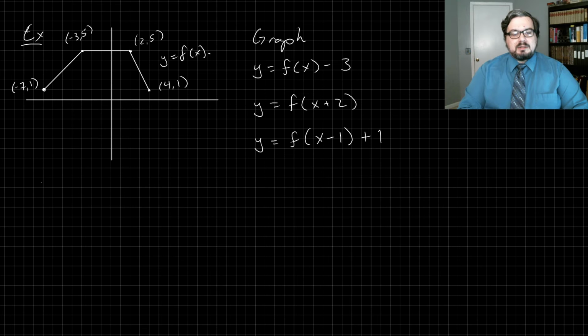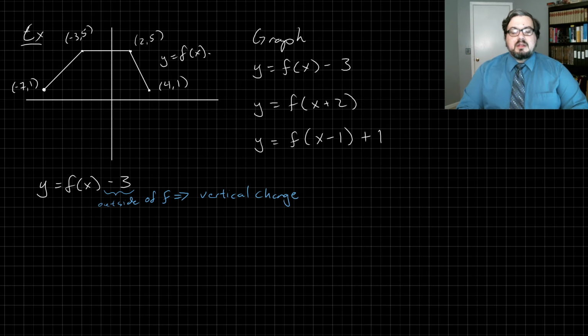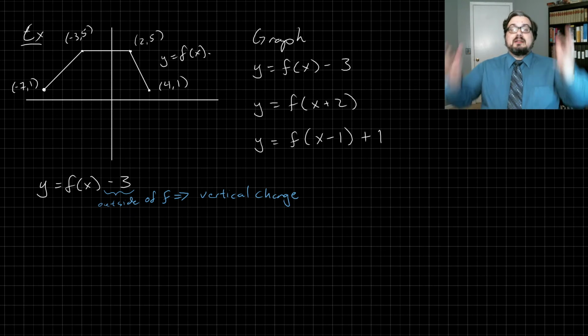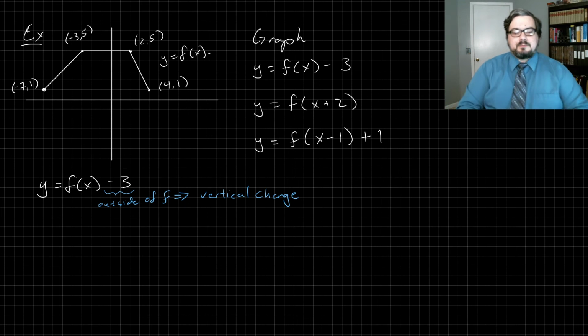So for part 1, let's look at y equals f of x minus 3. So here we notice that the change that's been made is on the outside of the function f. What that means is that we have a vertical change. Now, the vertical changes that we deal with work basically intuitively. Positive values mean shifting upwards, negative values mean shifting downwards.